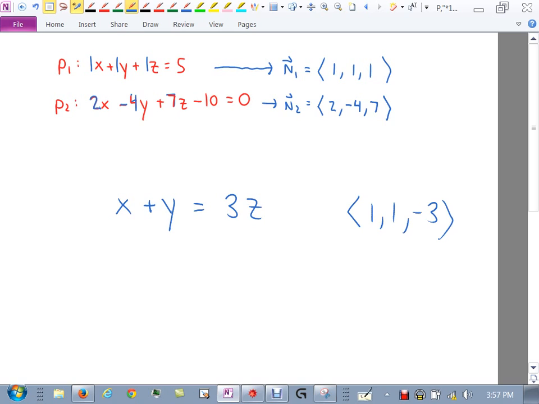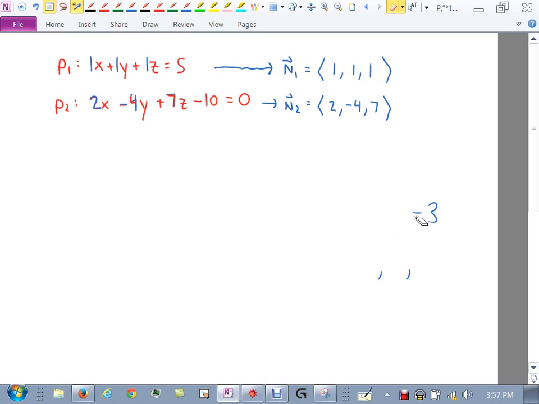You'd have to bring that z over. But what if you took the x and y to the other side? Negative 1, negative 1, positive 3, which is okay because that's the same vector pointing in the opposite direction. They're both normal. So just be careful with that. If your variables appear on the other side, bring them all to one side.